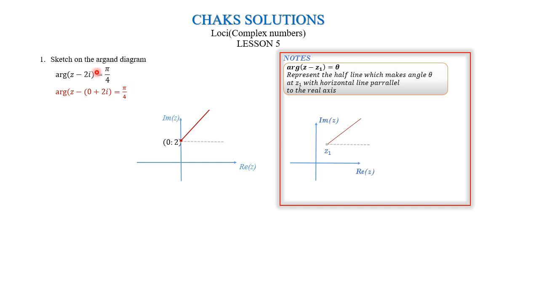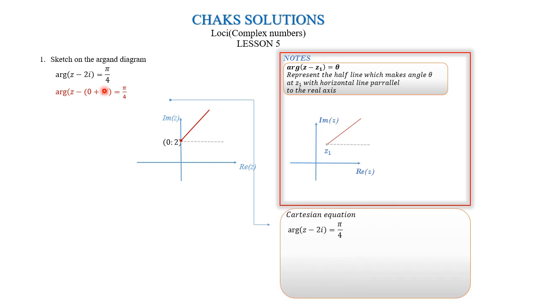We can also find the Cartesian equation of this locus. Let's see how to find it. We know that z is a complex number x plus yi, and z is on this line, so we can let z equal x plus yi. We are going to have arg of x plus yi minus 2i is equal to pi over 4.